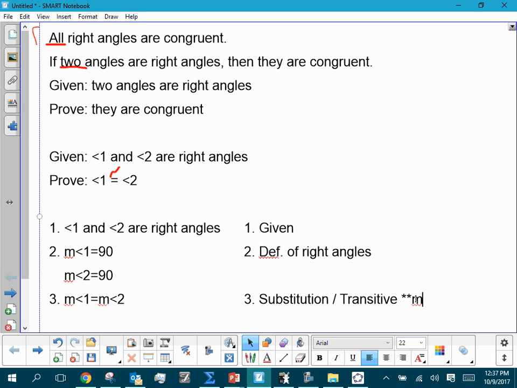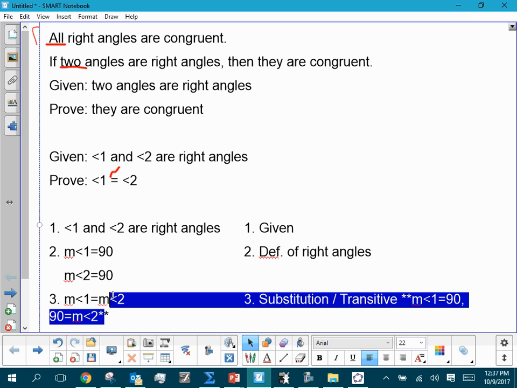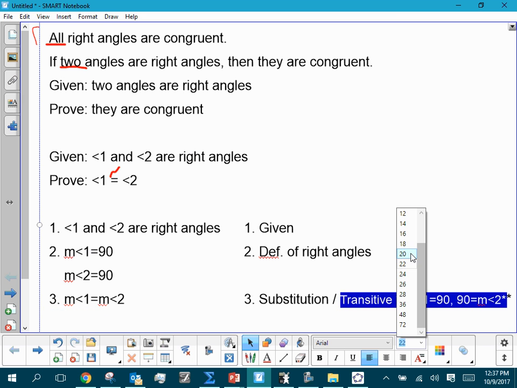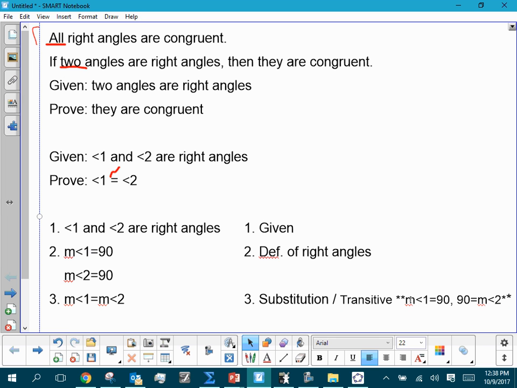We could say, if I had measure of angle 1 is equal to 90, and 90 is equal to measure of angle 2, make that smaller, there we go. If 1 was equal to 90 and 90 was equal to 2, does that get me from 1 straight to 2? Okay, so it could have been a transitive property if I use that logic.